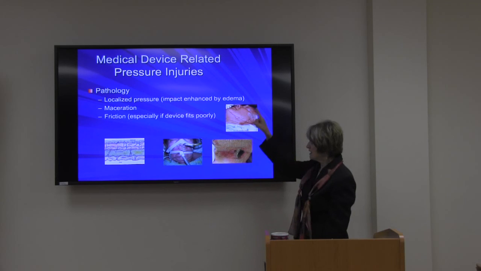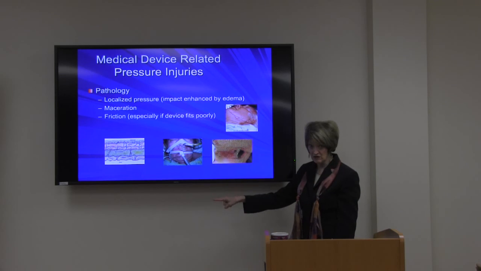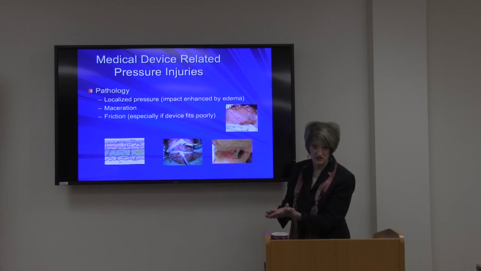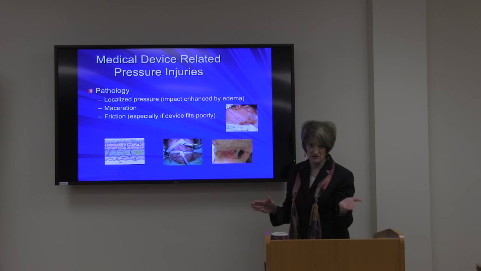So you can get a top-down ischemia affecting only the skin layers. That does not happen with ulcers over bony prominences, because with ulcers over bony prominences, all soft tissue layers are compressed at once. And remember, the muscle layer is most vulnerable.